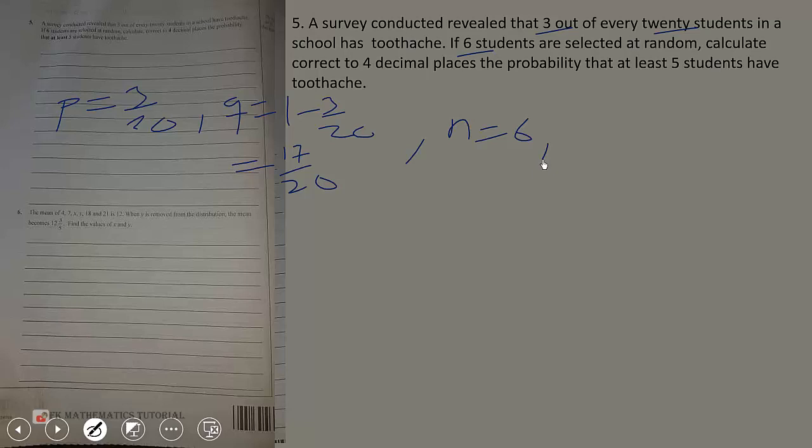Now we have to calculate the probability that at least 5 students are having toothache. So remember the formula for binomial probability. P of x equal r is equal to n combination r, p exponent r, q exponent n minus r. So we have this for x greater than or equal to 5, because they say at least 5 students. Then either we have exactly 5 or exactly 6, and we add them.